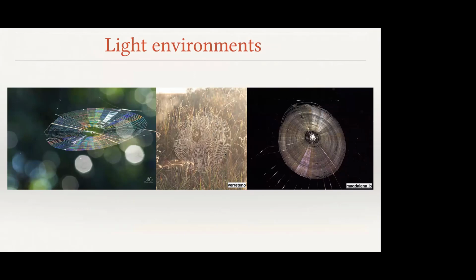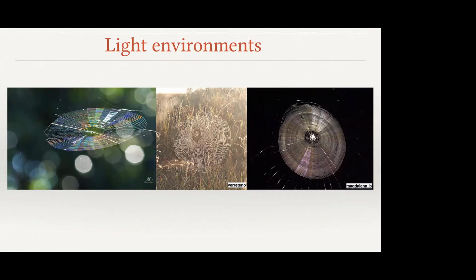This is usually in the evenings or in the mornings, when we can actually see webs more clearly. And over here you have a front-lit web. This is from a flash, but the concept is the same: the light is falling on the web from the front and you can see the web more clearly. So insects should be capable of seeing these colorations and detecting the webs easily, or well, better.